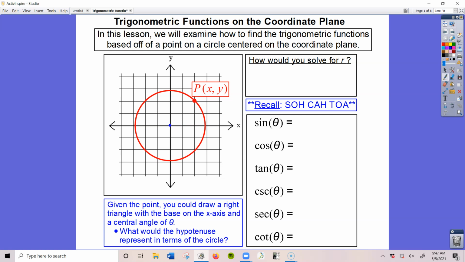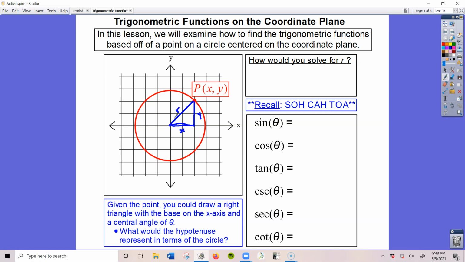From the origin to that point, this is the x value. And then from there going up, this is the y value. If I continue to draw this triangle, I have the diagonal, the hypotenuse, which is also equal to the radius of the circle. We know the x and y values for the triangle because we're given x and y.